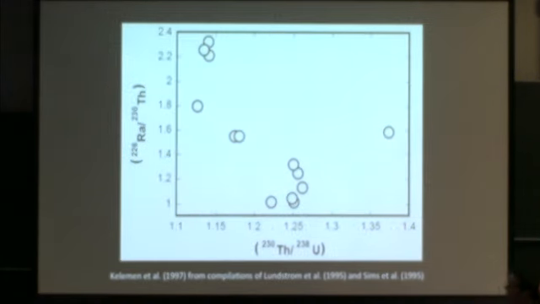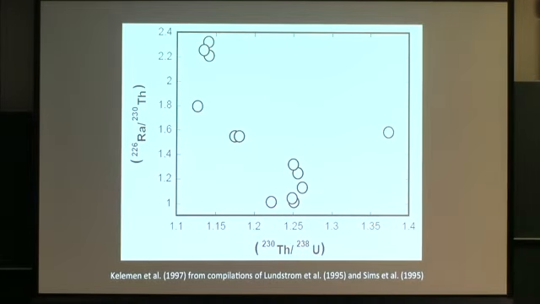Now, here are some observations from a compilation in the Kellerman review paper, taken from Craig Lundstrom and Ken Sims. What this shows is a handful of mid-ocean ridge basalt samples, mostly from the East Pacific Rise and from the Juan de Fuca Ridge. This is what was available in 1997. The first thing to notice is that disequilibrium is present in both systems: radium is in excess over thorium, and thorium-230 is in excess over uranium-238.